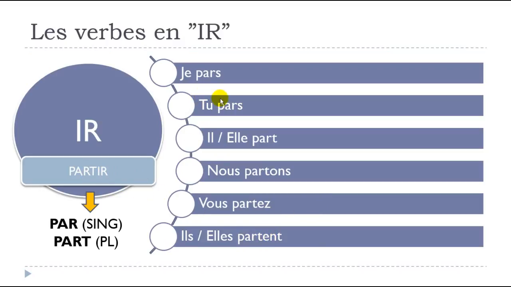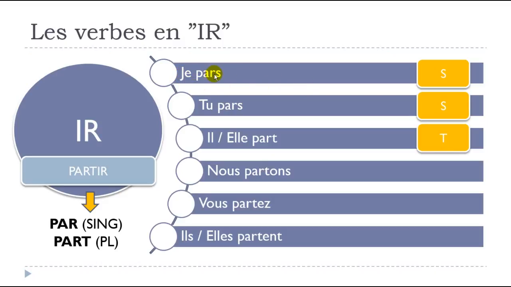It's just to remember that when you get the singular or the plural, you will have different stems. So for the first one, keep in mind that you will have this PAR, and then you will add the ending S for je, S for tu, T for il, elle.